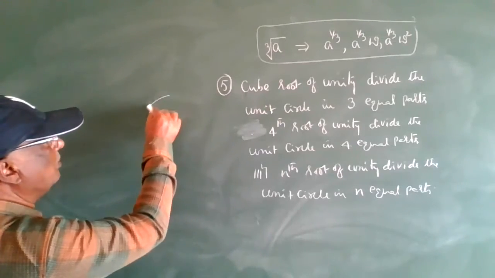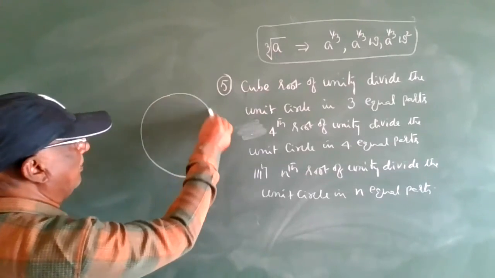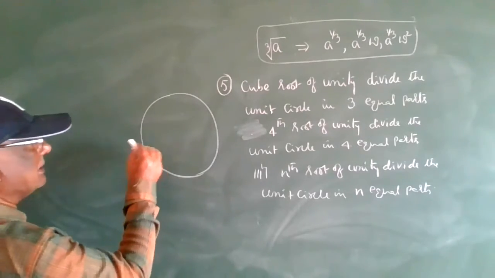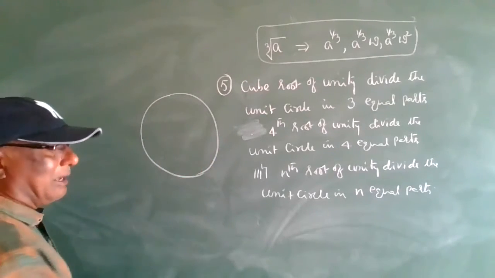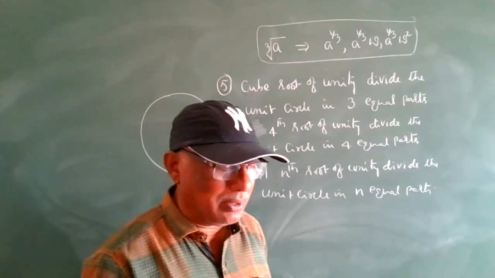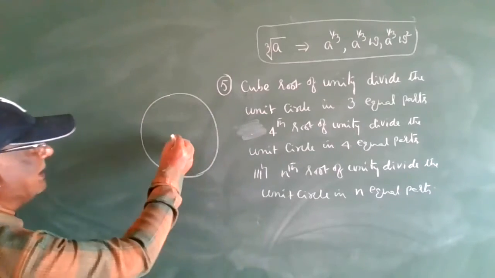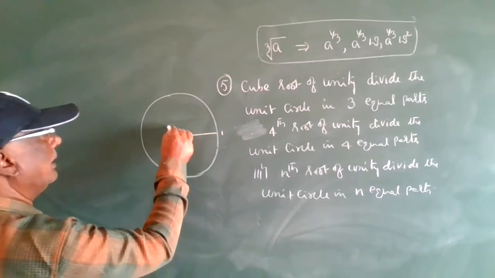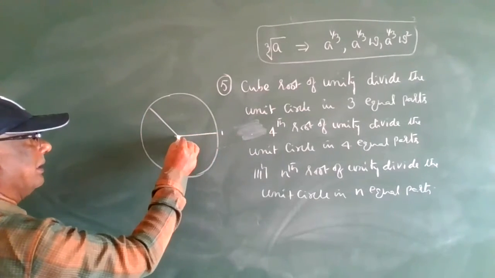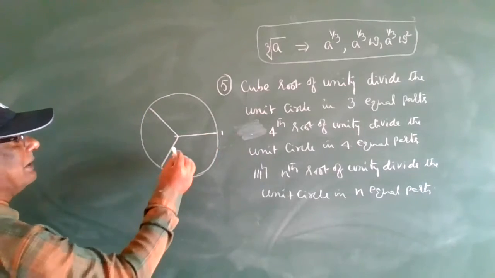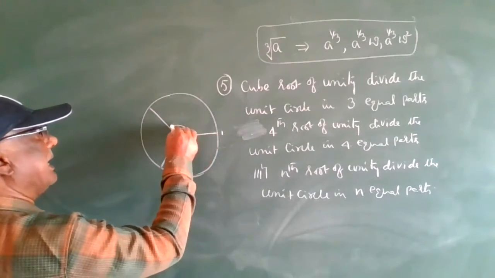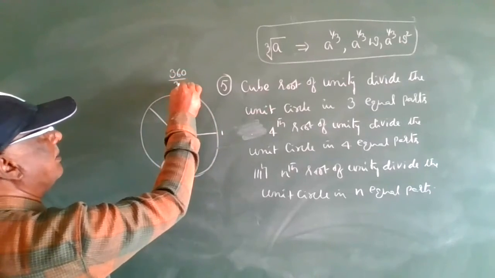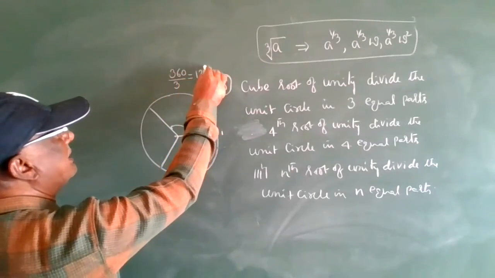That unit circle should be divided into three equal parts. How is it divided? This is the center, and this radius is one unit. Total is three parts, so this angle is 360 by 3, which means 120 degrees.